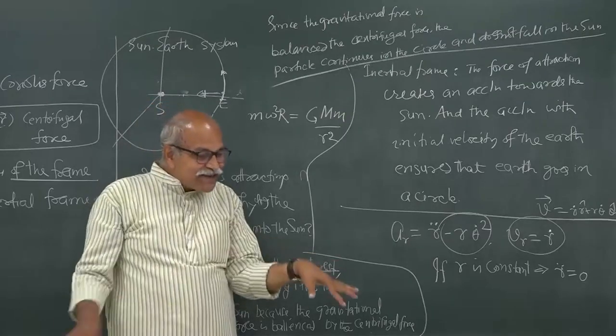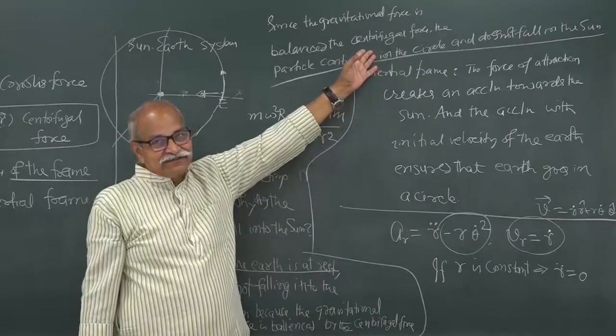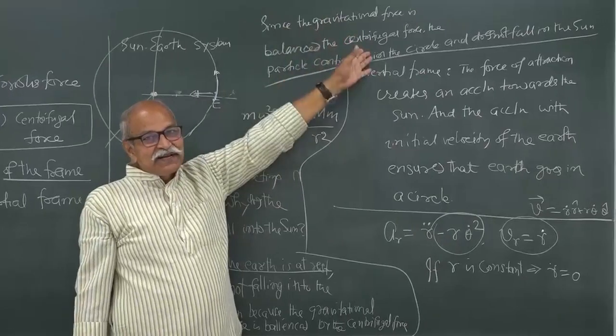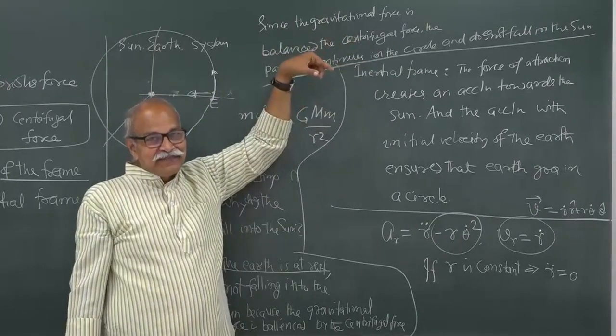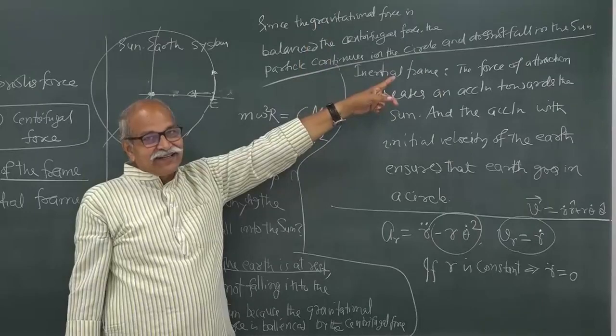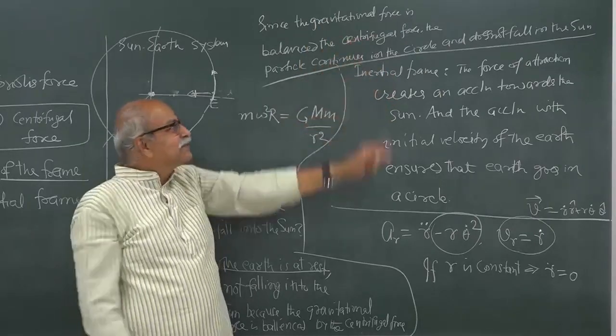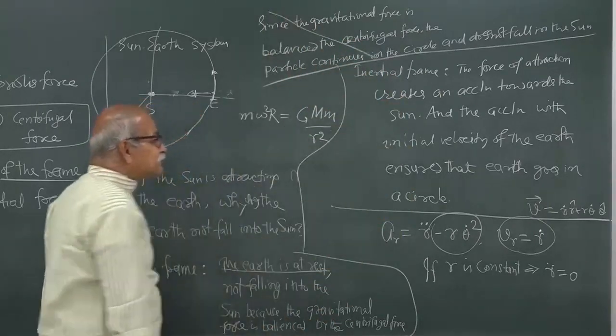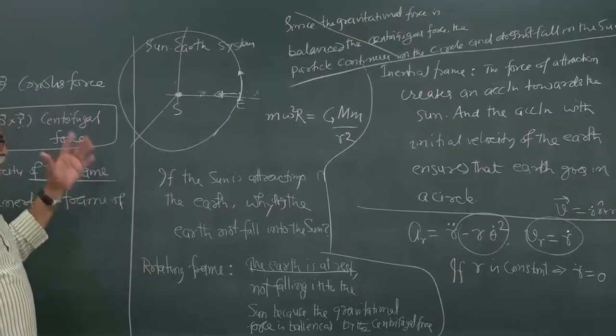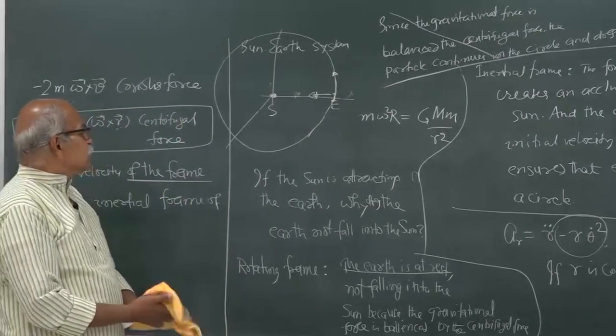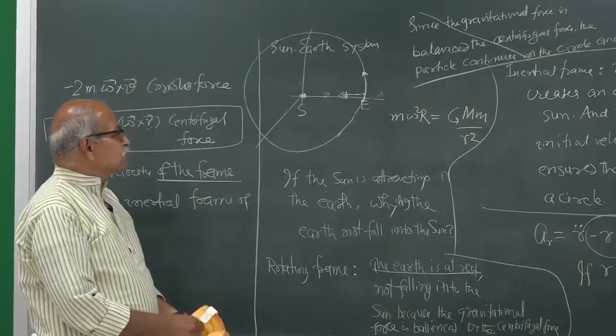If you are using that, then do not talk of centrifugal force. If you are talking of centrifugal force, you are using a rotating frame, then do not say that it is going in a circle. So, these two things cannot go together; this statement is wrong. So, these are some of the things which one should remember when using the centrifugal force.